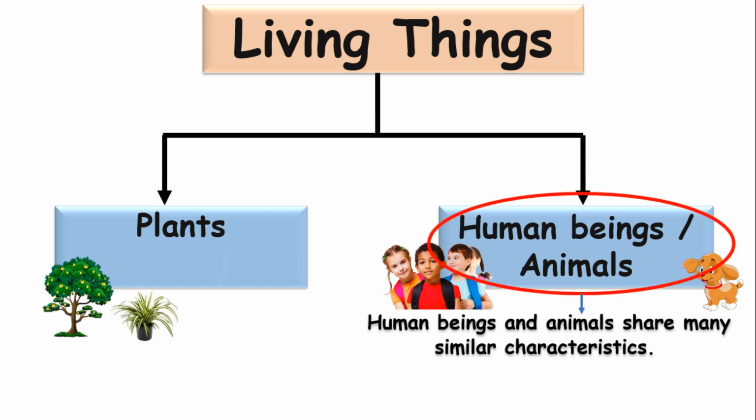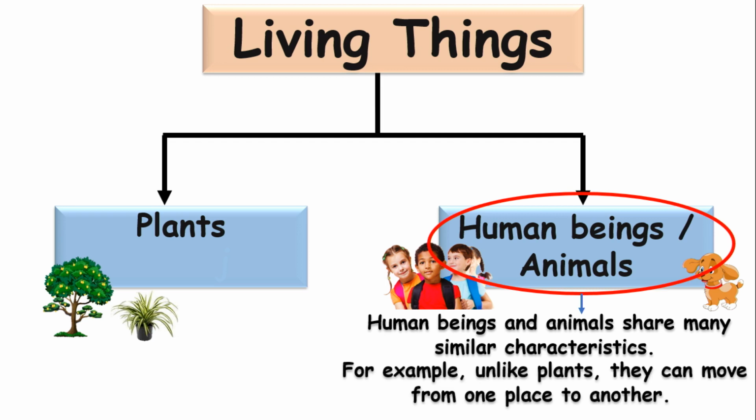This is because human beings and animals share many similar characteristics. For example, unlike plants, both human beings and animals can move from one place to another.